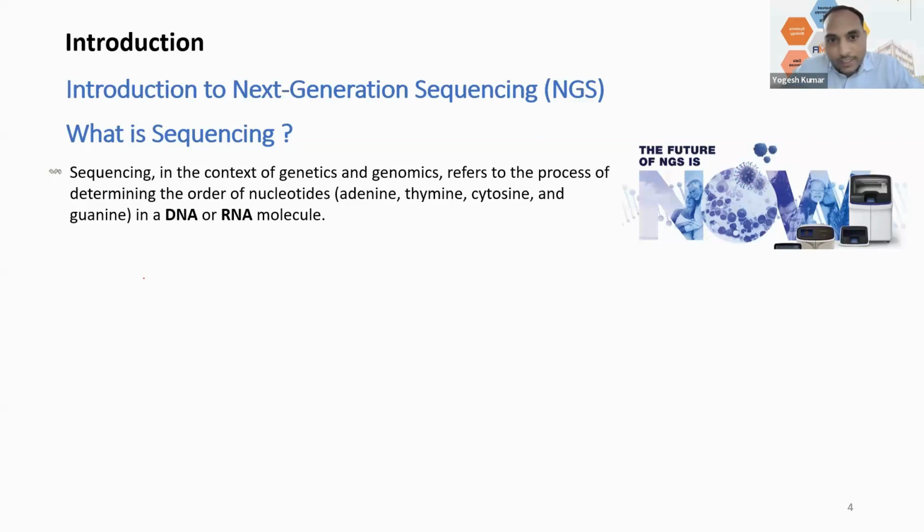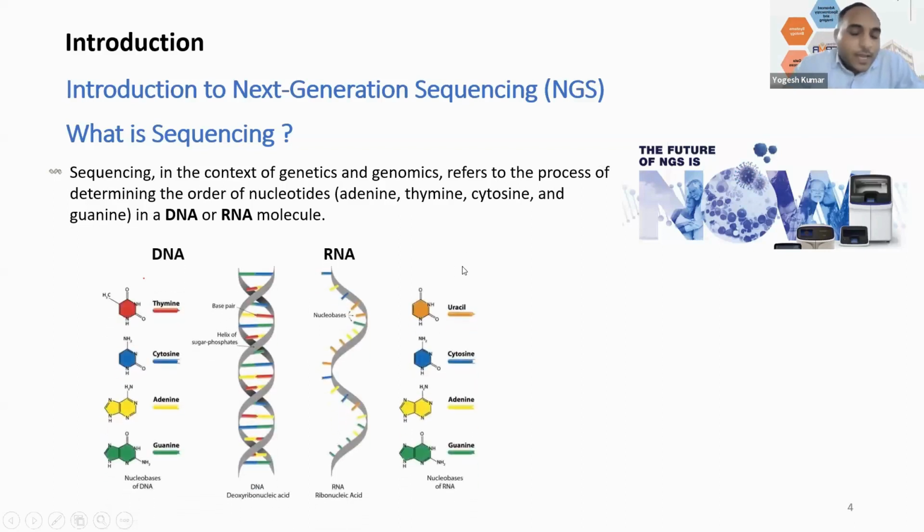Sequencing, in the context of genetics and genomics, refers to the process of determining the order of nucleotides, the adenine, thymine, cytosine, and guanine, in DNA or in an RNA molecule. We have two types of genetic material within the body, one is DNA and one is RNA. You may already know about these two things.